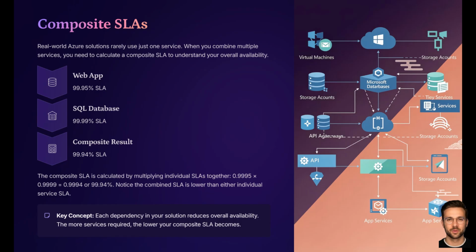For example, using multiple instances or regions. As long as the application can continue working when one instance fails, you do not need to solve complex math in the exam. But you should understand the concept that composite SLAs can be lower than individual ones when every component is required.